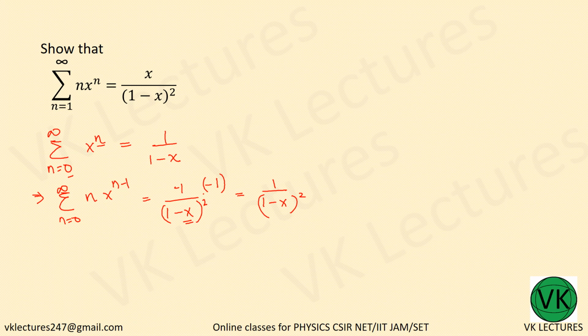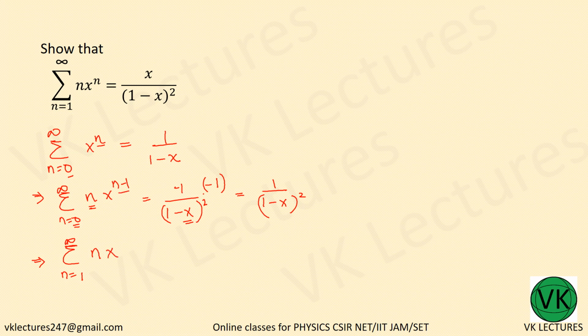Now I cannot put n equal to 0 because the first term will become 0, so I am trying to write it in the form of making it 1, sum over n equal to 1 to infinity n x to the power.